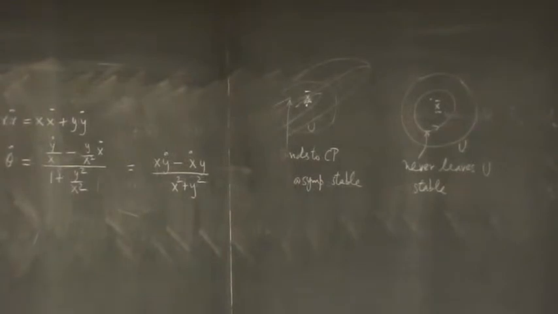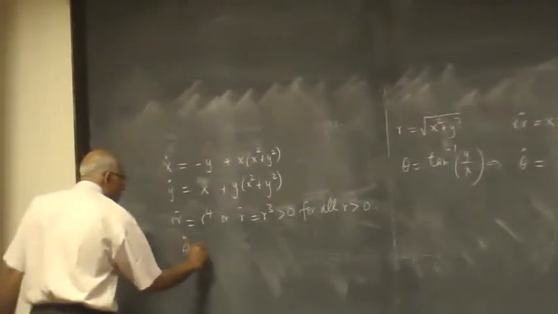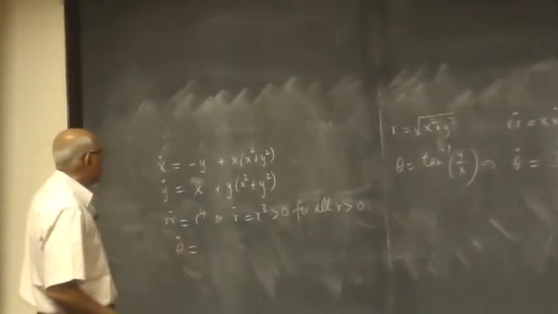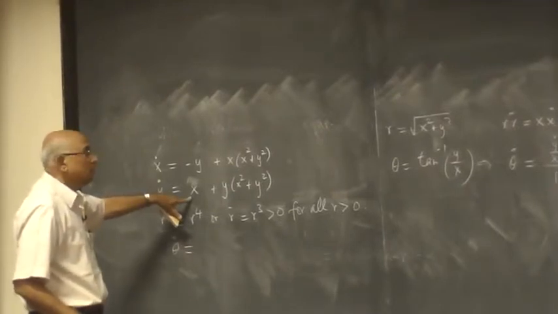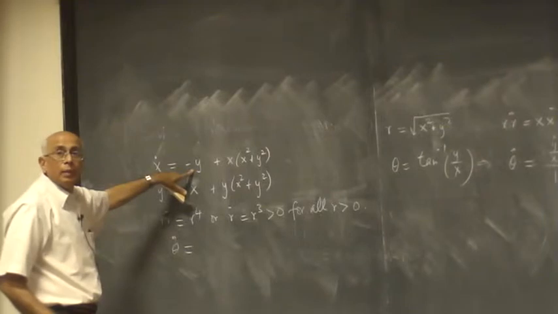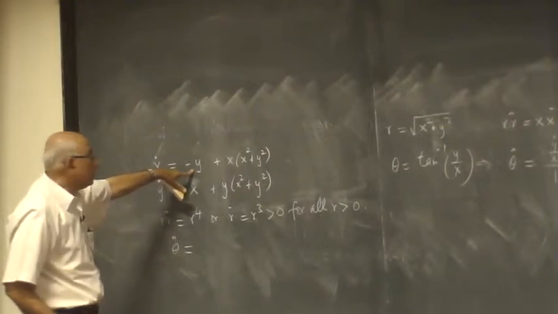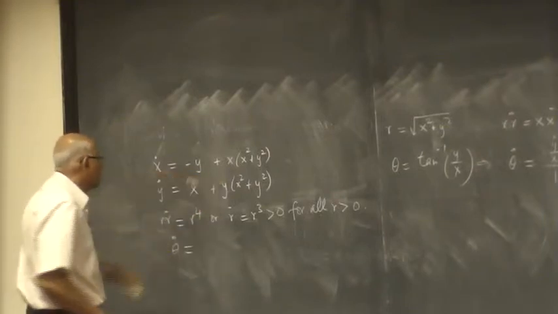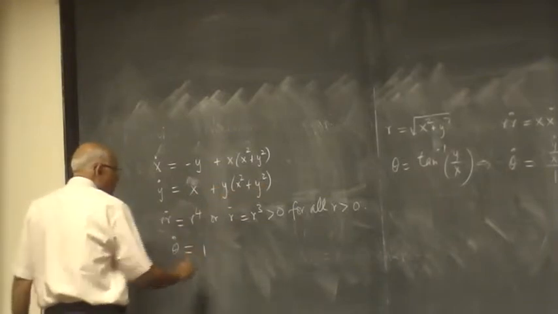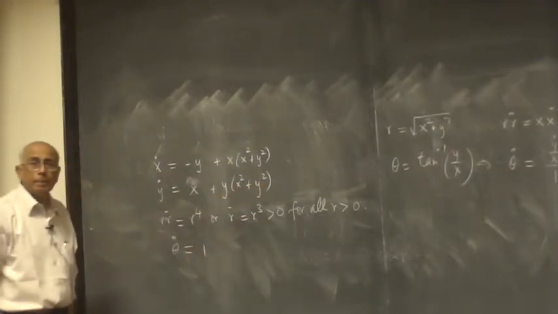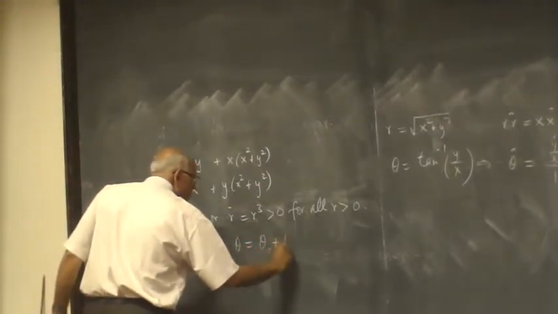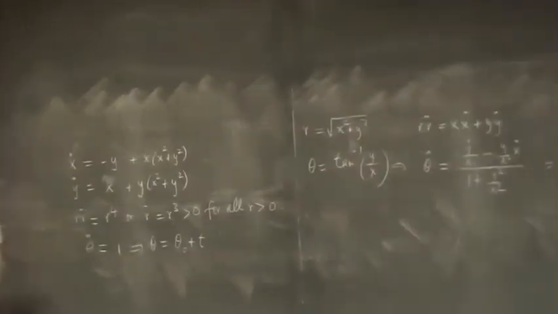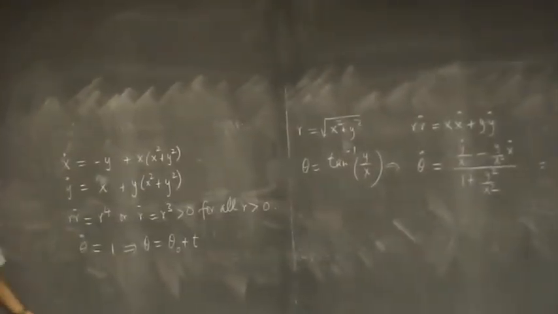And it's going away. In fact, it's an unstable spiral, because you can compute theta dot, and in this example it will be x y dot. So we multiply this by x, and then y x dot will be this with a minus sign. So you get only this term, that term cancels out, and the r squared cancels, so it's 1. So this means theta equals theta naught plus t. So what does it say about the critical point at the origin?